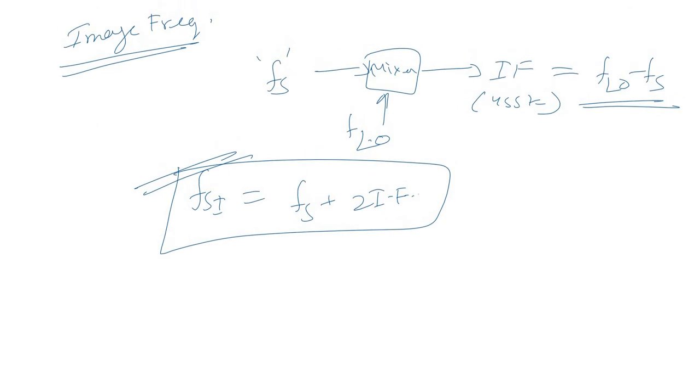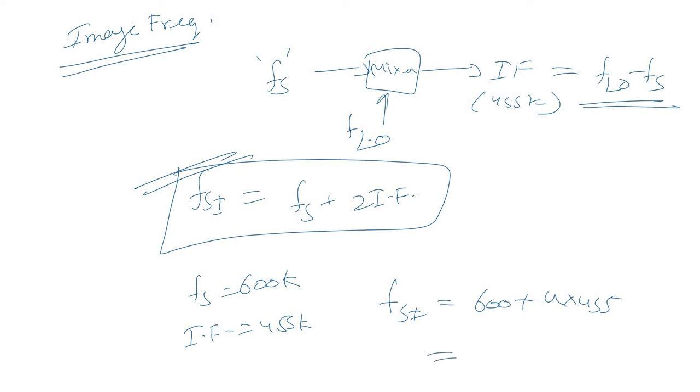Let us take the same example. Fs is 600 kilohertz, and the intermediate frequency is 455 kilohertz. So the image signal frequency would be 600 plus 2 into 455, and that comes out to be 1510.